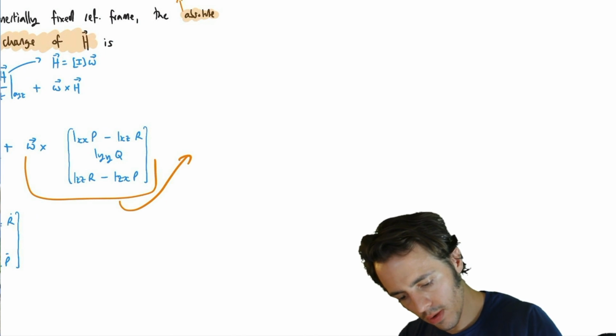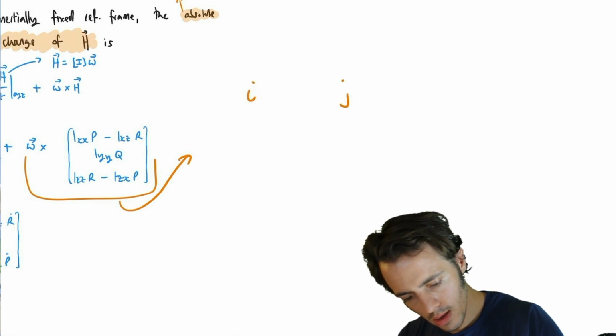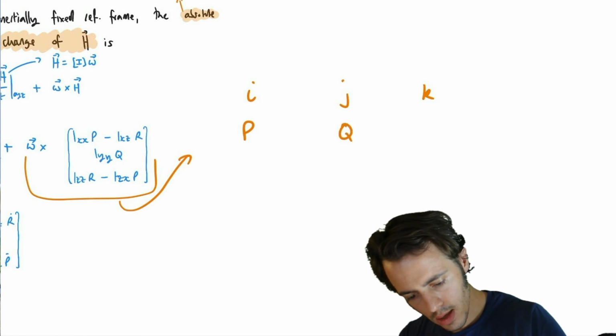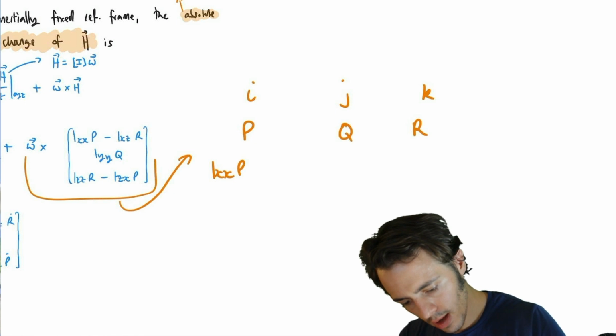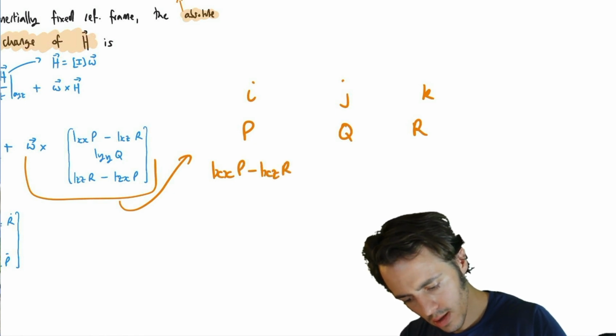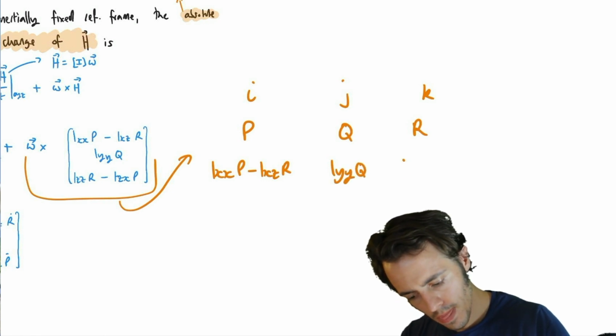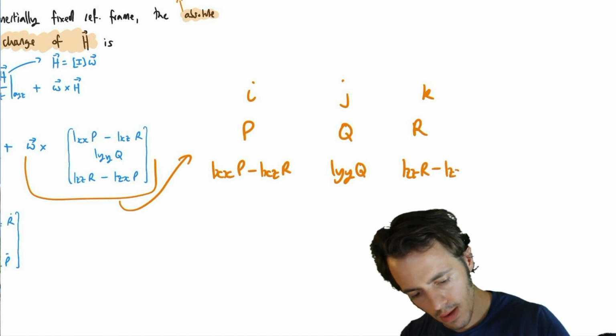So we've got i, j, and k, p, q, r, Ixx p minus Ixz r, Iyy q, Izz r minus Izx p.